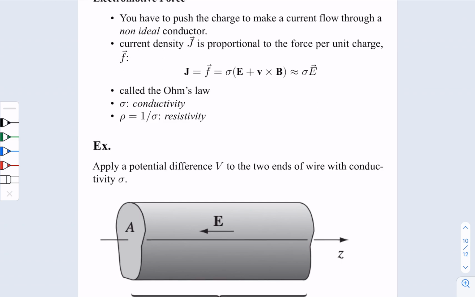So this Ohm's law is actually not something trivial.